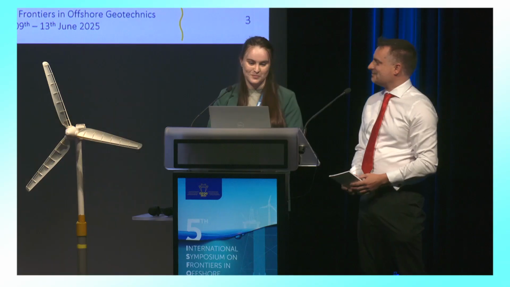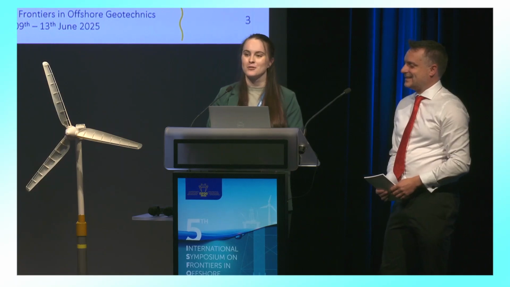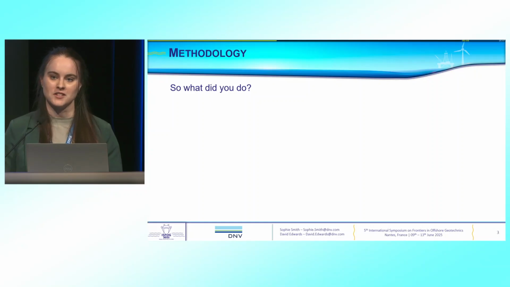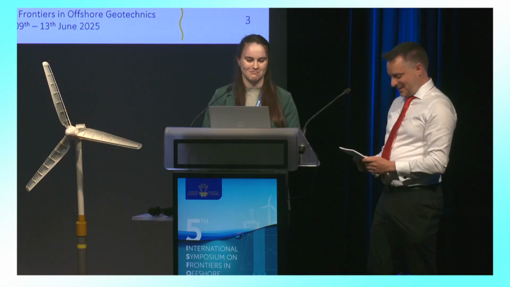So what did you do? We back-calculated operative friction angles from jacking records, from quite a large amount of records we have in-house. And the aim was to work out the variation of the operative friction angle with respect to relative density. Okay. Have you got some pictures?